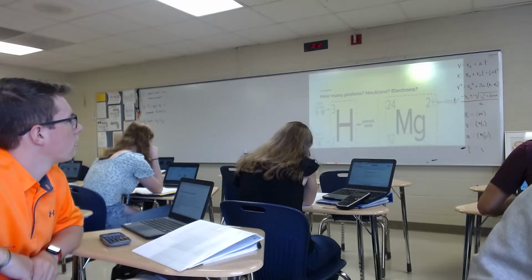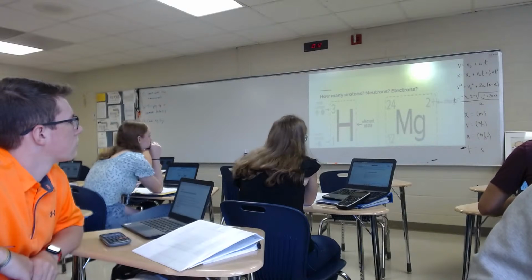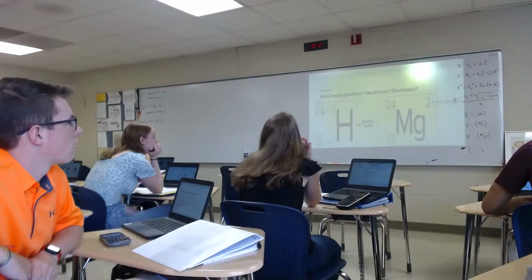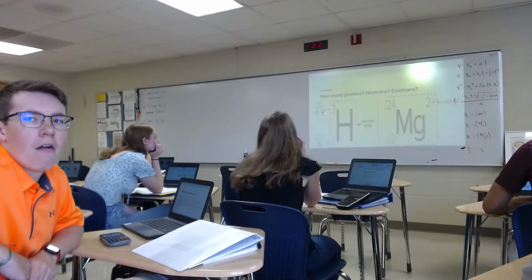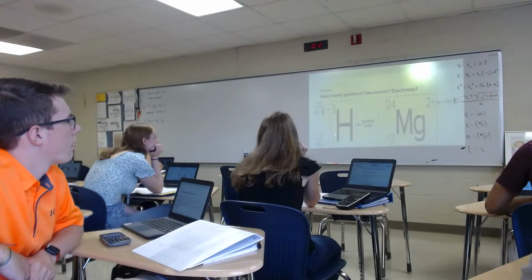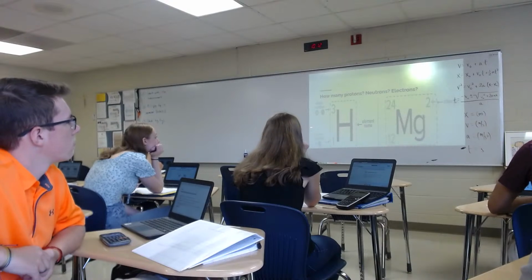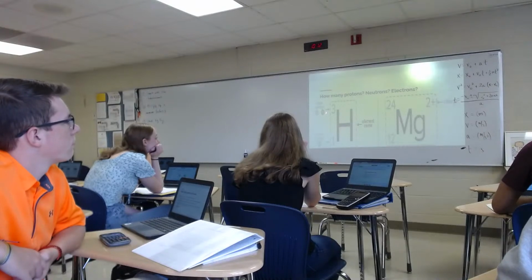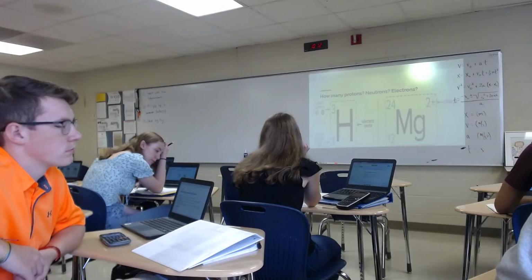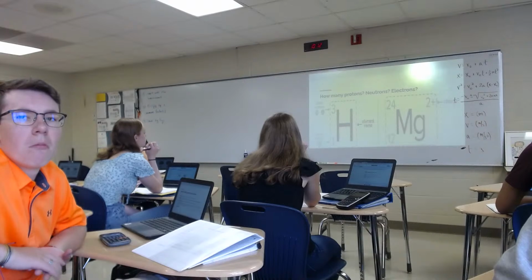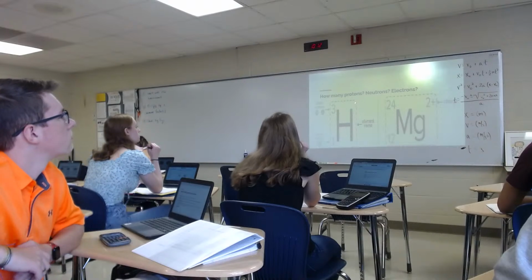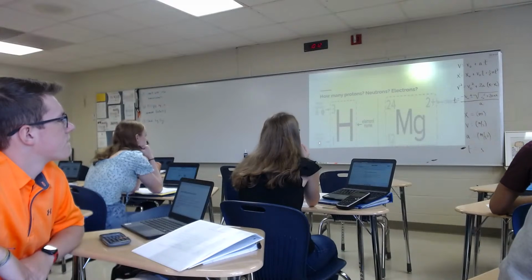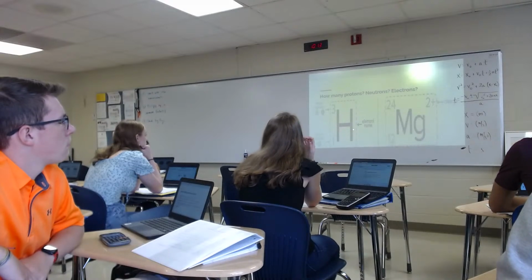Now, how did I get the number 2? 3 minus 1, right? Because the mass number is protons and neutrons, and the atomic number is protons. So if I subtract atomic number from mass number, I'm left with just what? Neutrons, right? Okay. Since there's nothing right here, it means it's neutral, which means 1 proton and 1 electron.